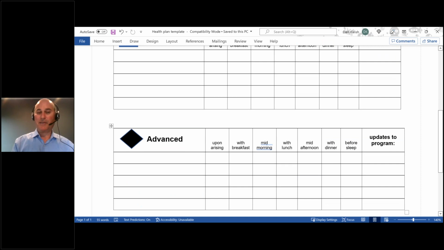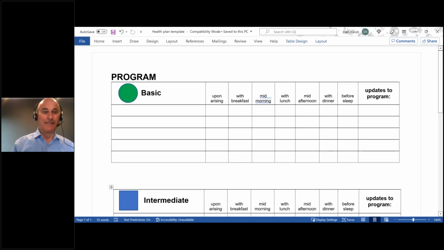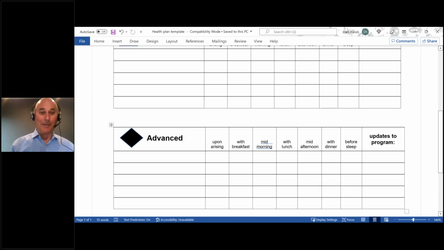What's really interesting to me is that the really advanced doctors, the ones senior to me who have been in practice, let's say 45 or 50 years, do really basic programs. Isn't that interesting? And the younger ones, the doctors who've been in practice between 10 and 30 years, I'm kind of in that range, do the really complicated programs.